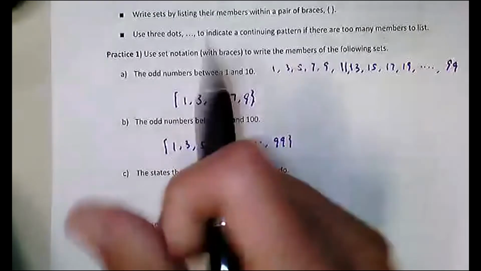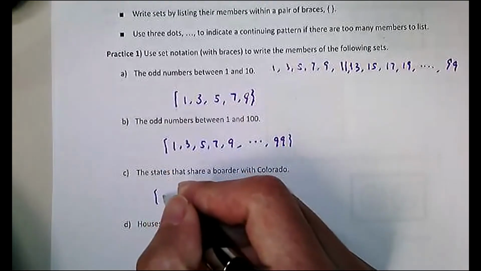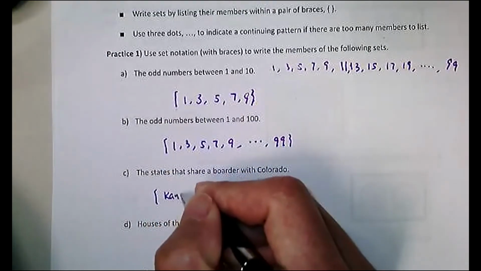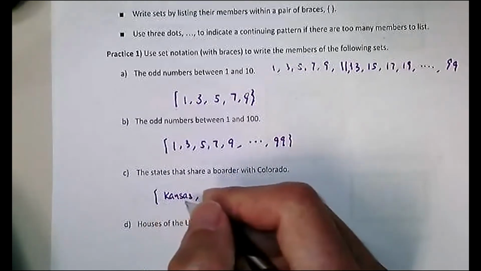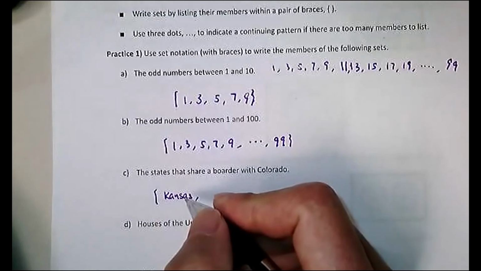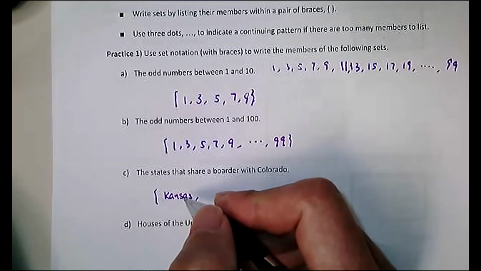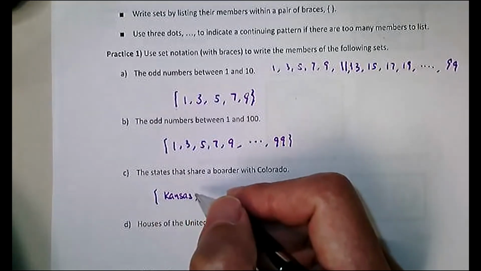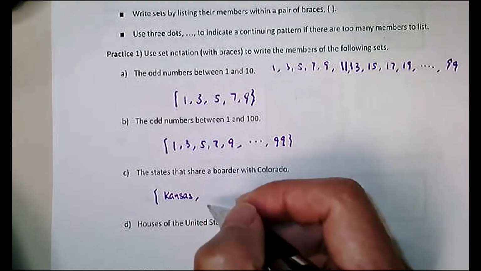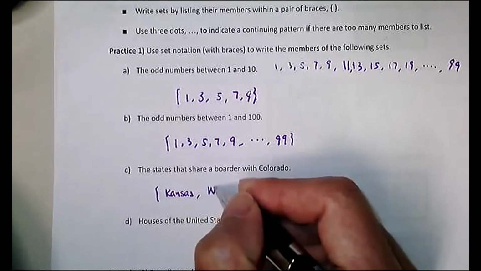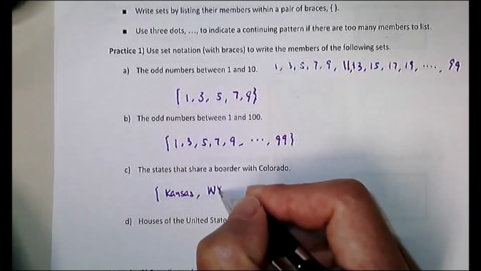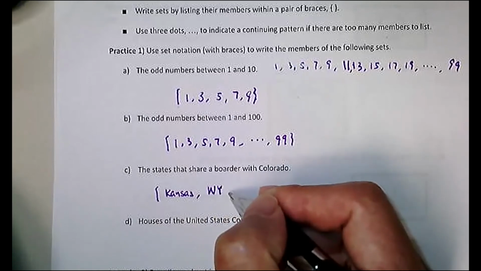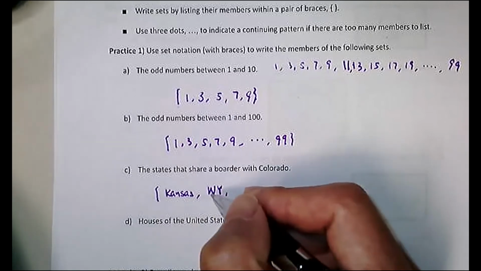So let's write. Okay, so Kansas. If I misspell any name of a state, please correct me, or if I forgot any state, please also correct me. I think the next one is Wyoming. Let's write their names in short to make things easier. Wyoming, in short, WY.